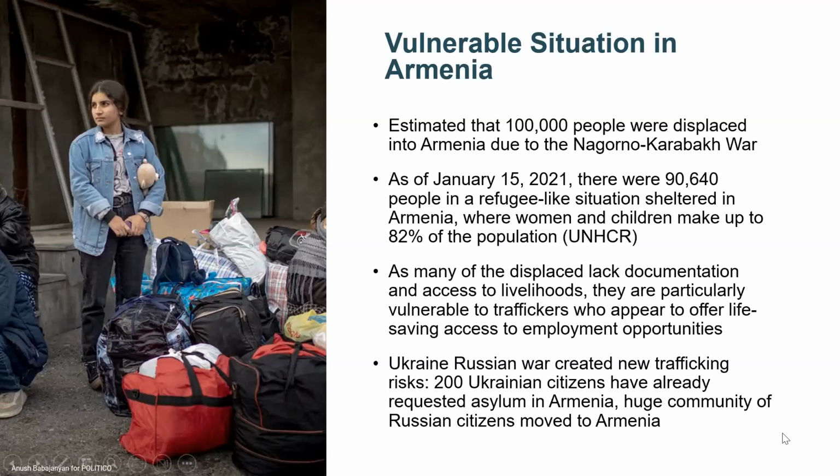It is important to mention that in 2020, starting from the 27th of September, there was an outbreak along the line of contact between Armenia and Azerbaijan, and progressively it grew into a 40-day war, a real war, expanding the territories and covering the territory of Nagorno-Karabakh, an unrecognized state mostly populated by ethnic Armenians.